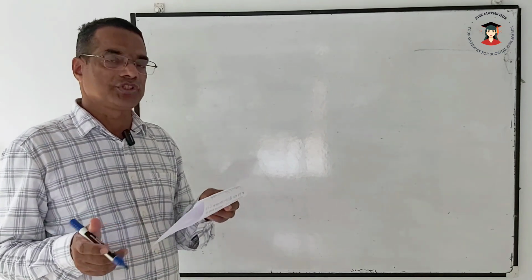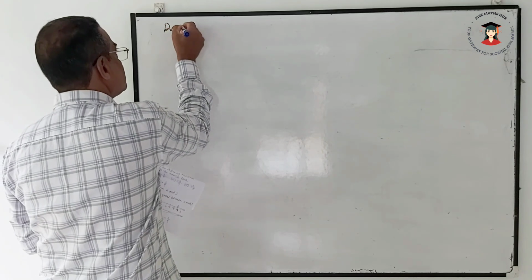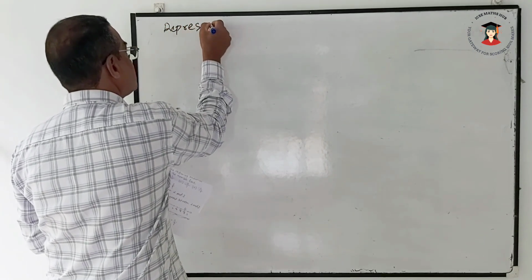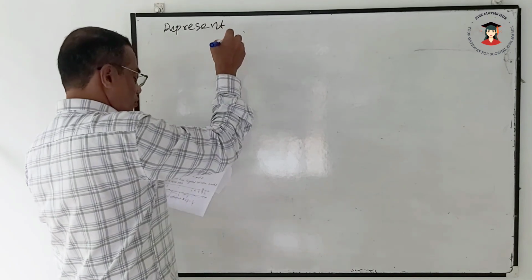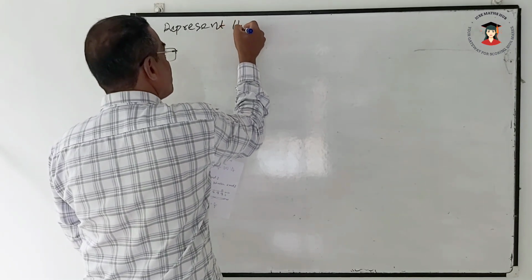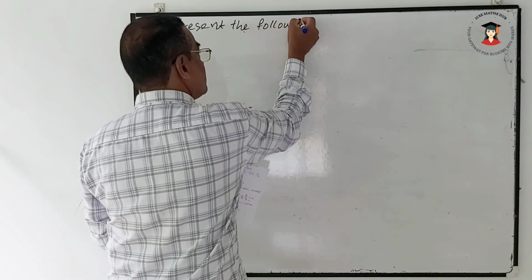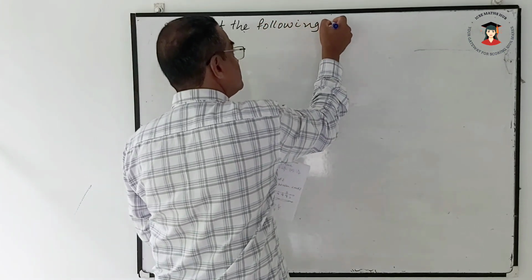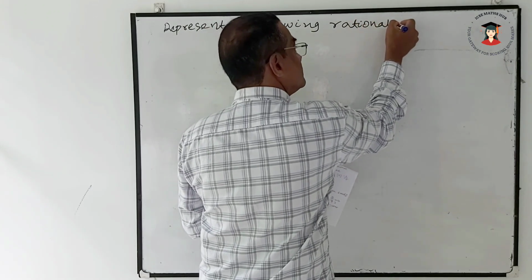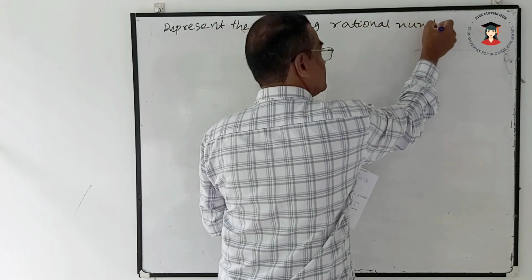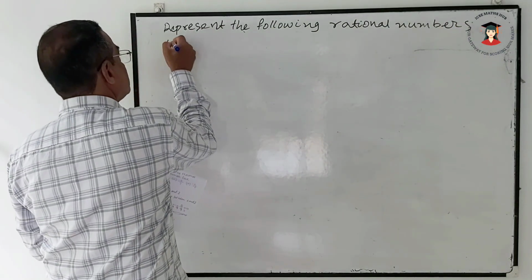Now we will do some questions. Represent the following rational numbers on the number line.